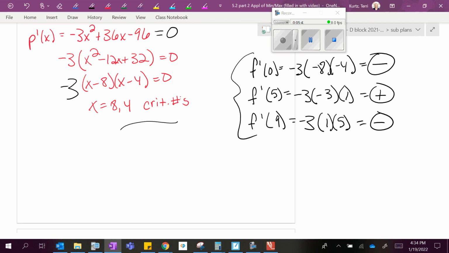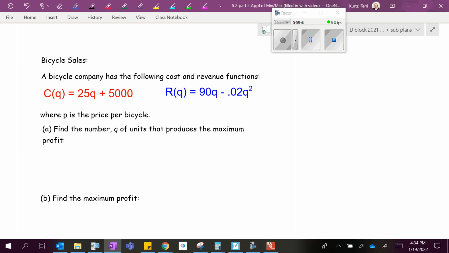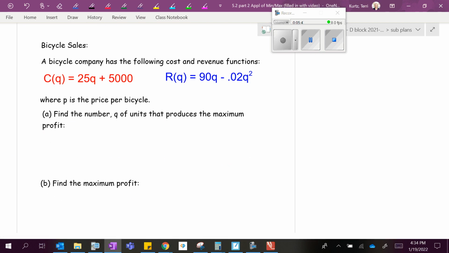Let's try another one. So here we have a bicycle company with the following cost and revenue equations, where P represents the price of the bicycle. First, we want to find the number Q of units that produces the maximum profit.